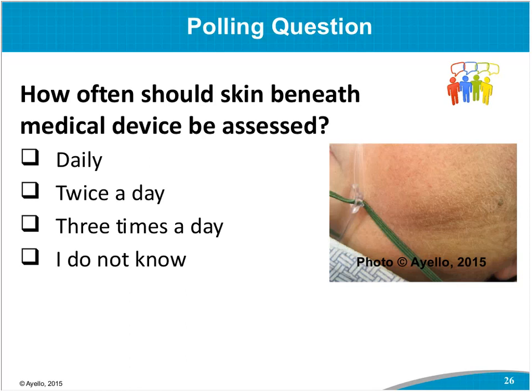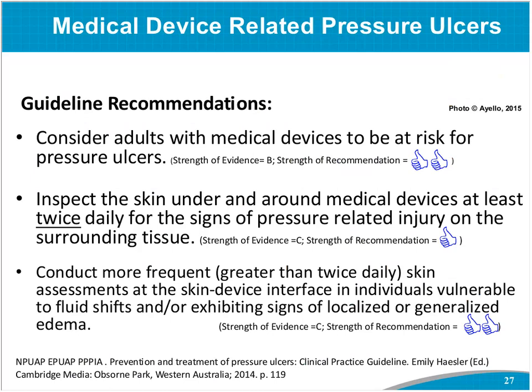Okay, so the interesting thing here is we're all over the map in terms of how often we're doing that. So here are the guidelines from the NPUAP, which say, page 119, that besides considering adults as well as children to be at risk for pressure ulcers from medical devices, you should be inspecting the skin at least twice. So those who picked B, good for you.